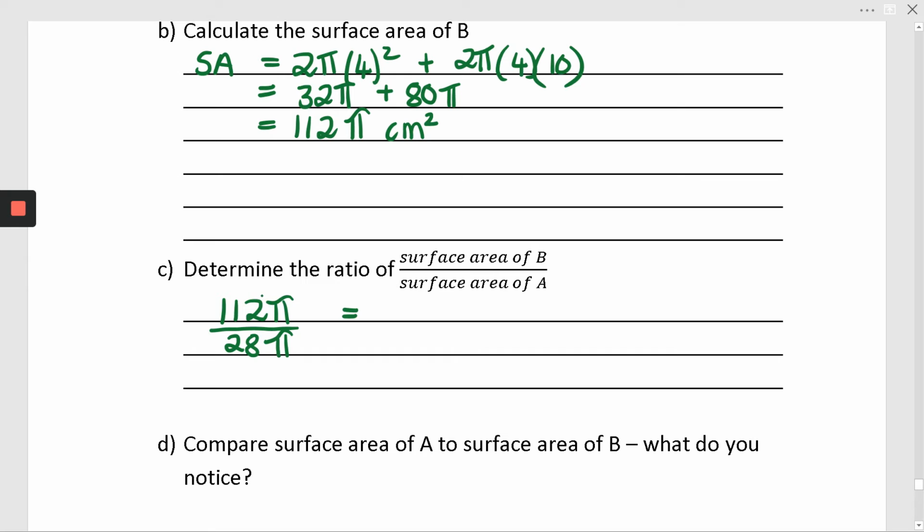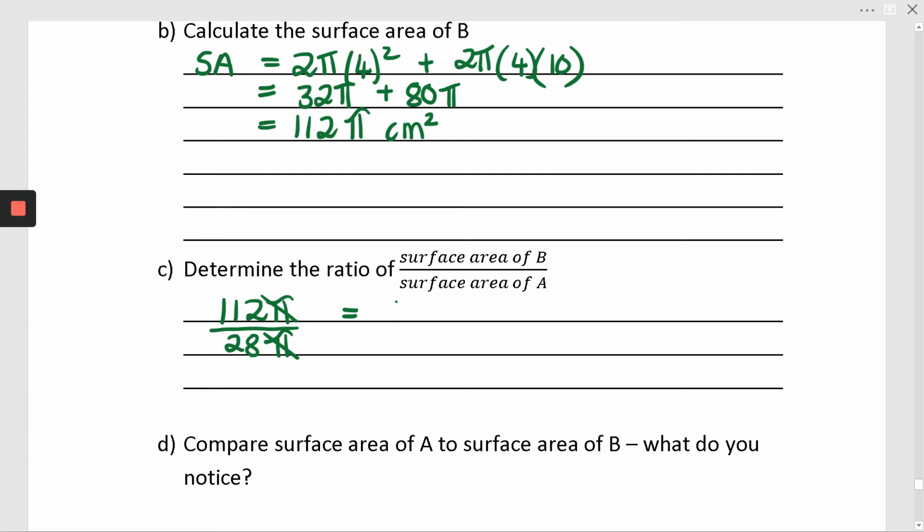I'm going to suggest that the pi's will cancel, and that'll happen on your calculator anyway. And then basically all you're doing is you're saying 112 over 28. Now, if you had done the rounding off, you would have ended up with something not quite accurate. So for these questions, when we're talking about the relationship between surface area, volume, doubling, and so on, then you must leave everything in pi.